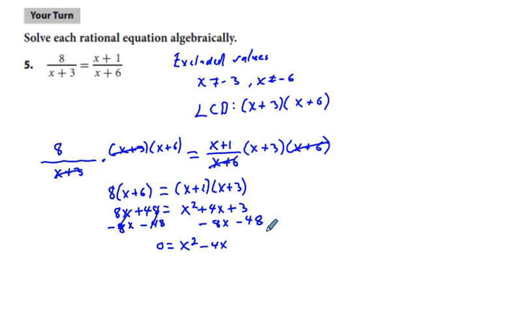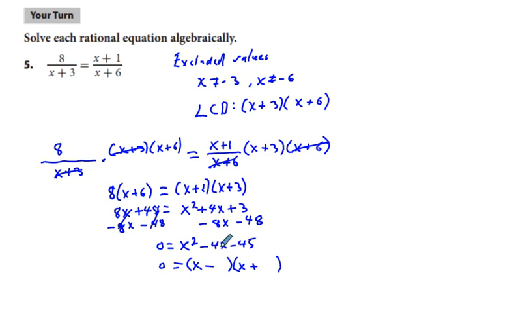And then 3 minus 48, which is going to be negative 45. And now factoring, 0 is equal to x and x, and we have negative 45, so we're going to have minus plus. Now, and minus 4x, so what two numbers multiplied together equal negative 45, but added together equal negative 4?